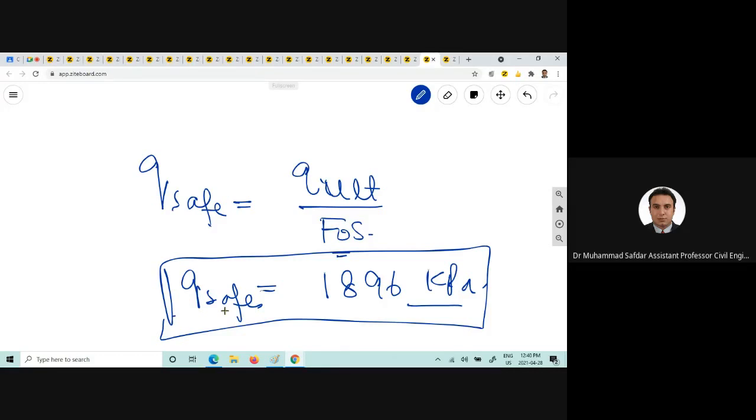More fundamental factors, for example, the bearing capacity factors, depth factors, or the inclination factors, we can find out those factors and we can use them in the Meyerhof bearing capacity equation.